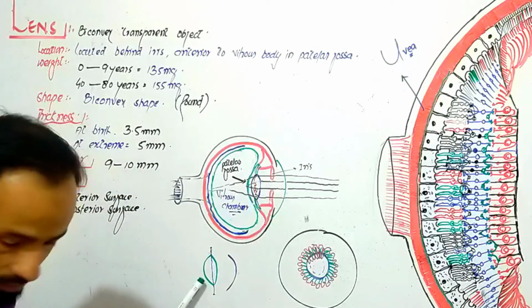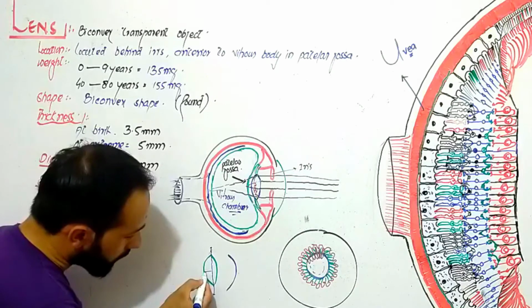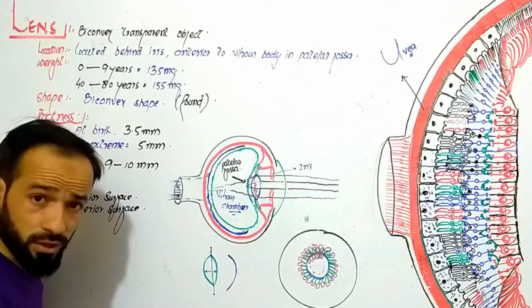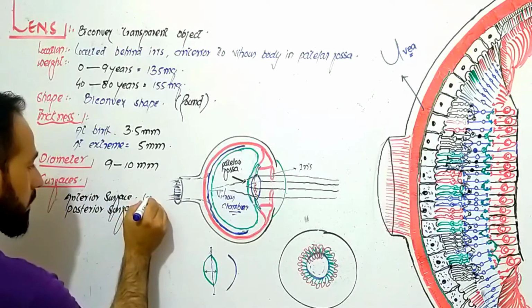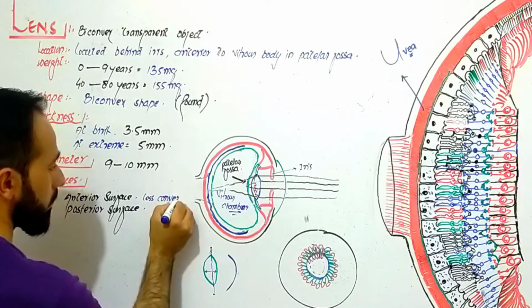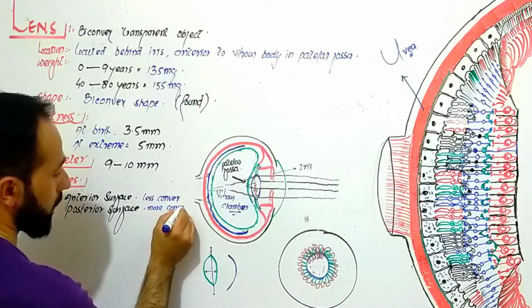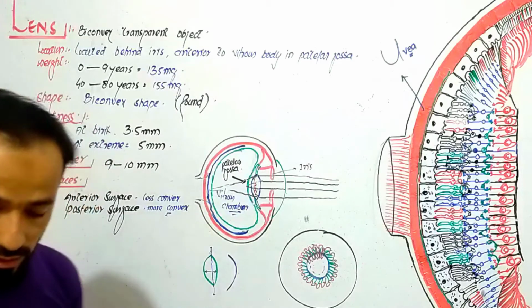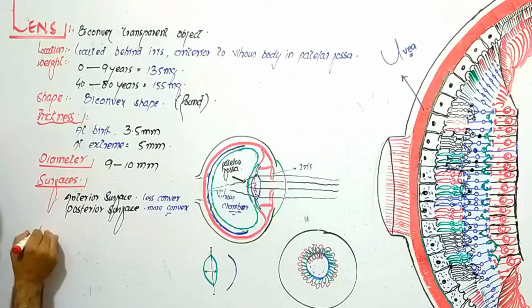Now you can see the posterior surface has more convexity, and the anterior surface has less convexity, right? So let me write it here. The anterior surface is less convex, and the posterior surface is more convex. Done. These were the surfaces of the lens. The next important point about the lens is, what is the nature of your lens?